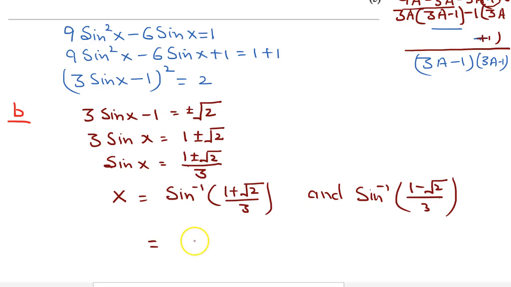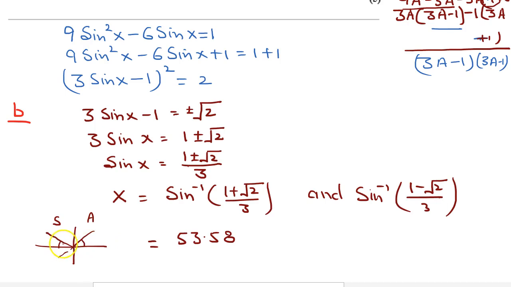Now the value of x will be 53.58. Sine is positive here and here. This angle is 53.58 and this angle is 53.58.